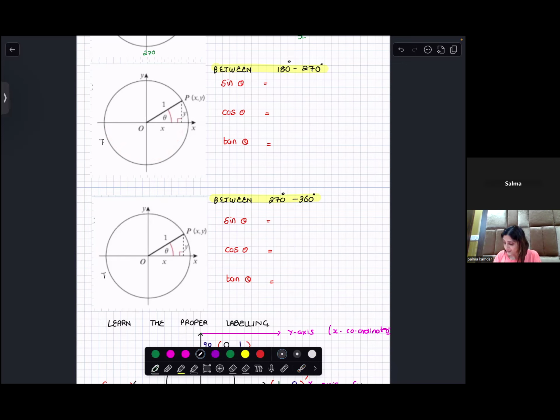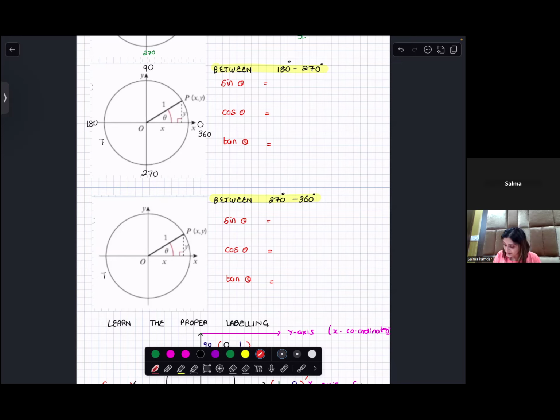We look at this rotation. This is 0. This is 90. This is 180. And this is 270. This would become 360 again. If I go further another round, so this is going to be 360 plus 90.